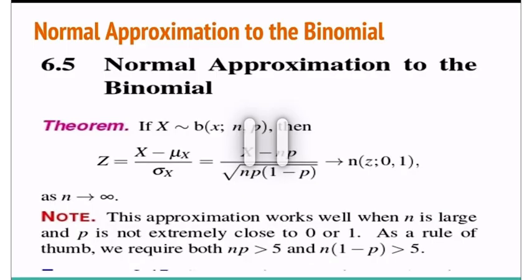So I can use a normal curve to figure out probability when we're dealing with the binomial. That was why I said under the theorem, when Sn follows a binomial with parameters n and p, we can use the idea of a z-score.